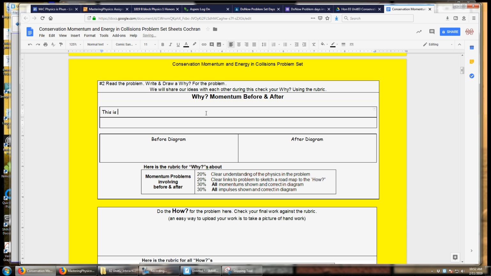This is an explosion. Momentum is conserved.